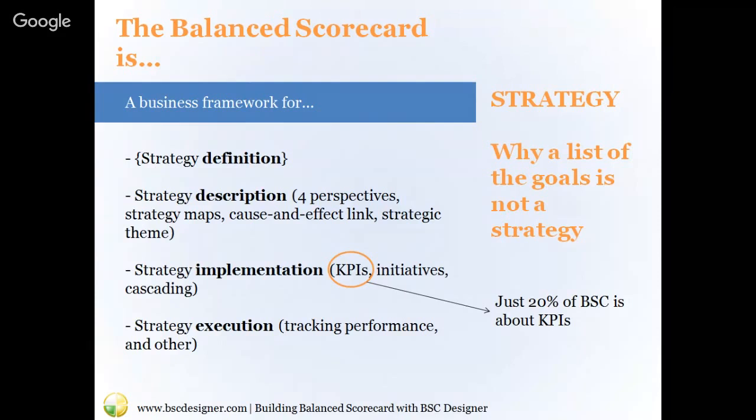So that's what is often called cascading. We take our business goals and we cascade them to the other levels in our organization. That's implementation. Strategy execution is basically working towards these goals. It's executing the plan that we have in mind. That's following the initiatives that we suggested.